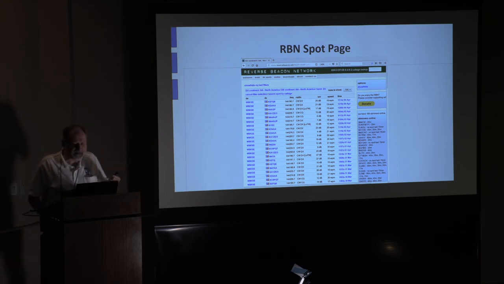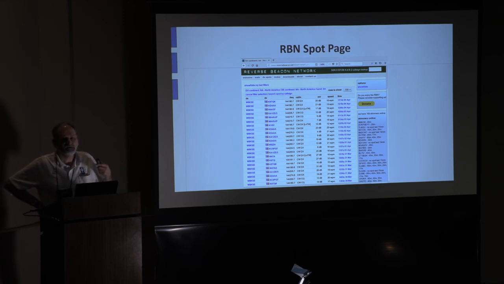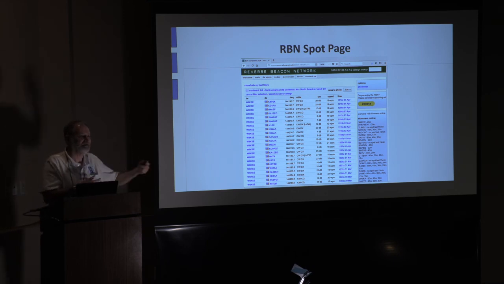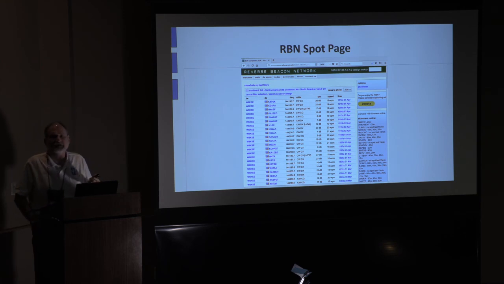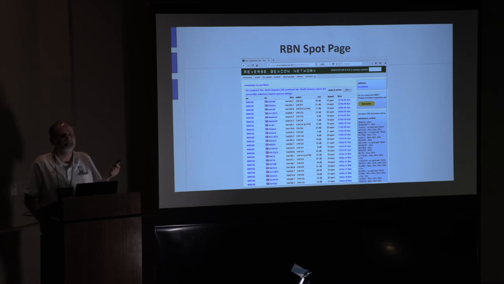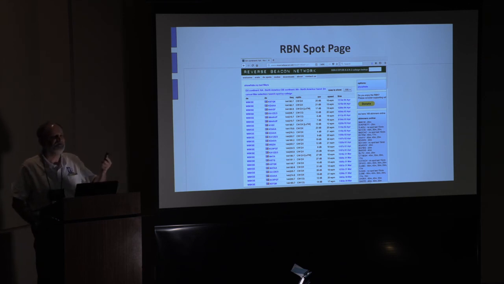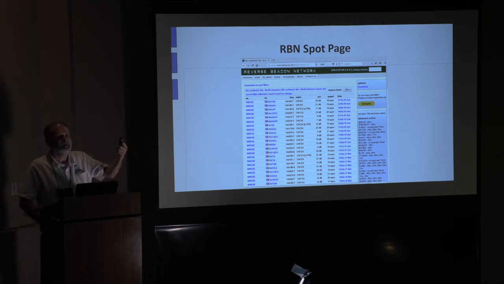So I think the idea is that on VHF, UHF, omni antennas can work pretty well, and you can really see how this system could work. If we go up to higher frequencies, maybe we can't rely on omnis that are going to pick up beacons from multiple directions, but if you can hear a beacon, you can monitor that and look at the signal-to-noise ratio over time to get an idea of what the path is like.